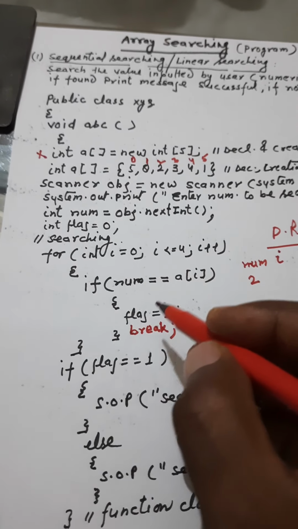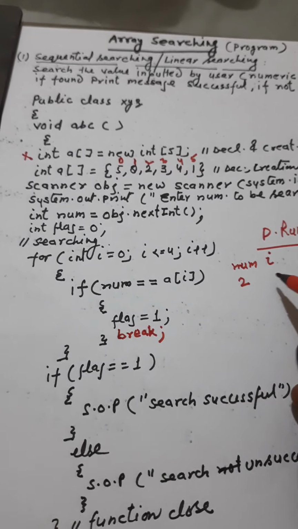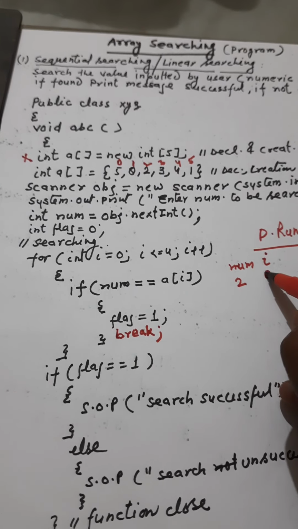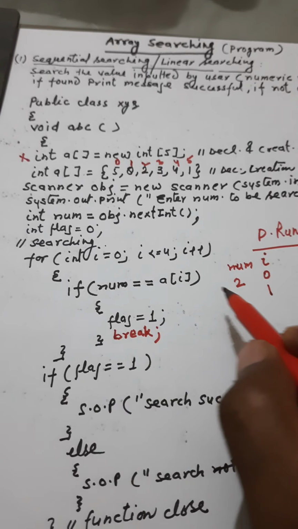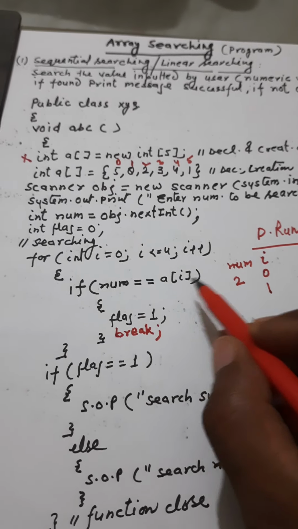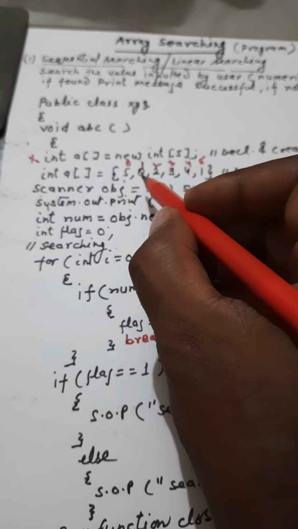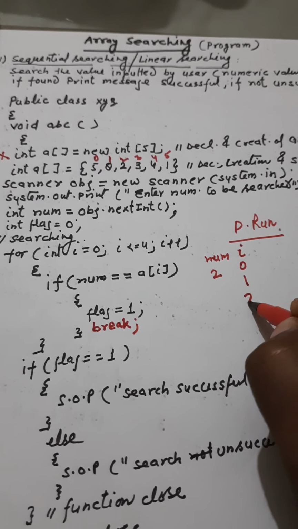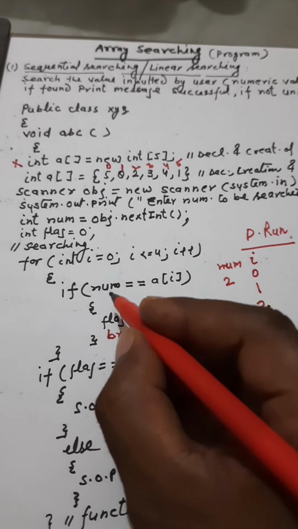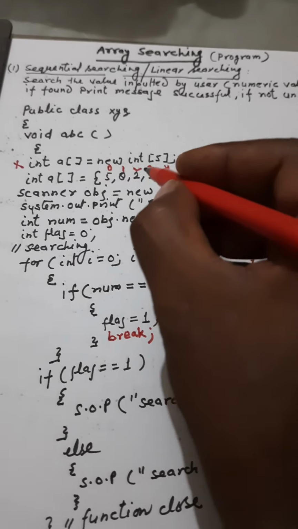No. Right? Then next value, i was first 0, now i will become 1. num means 2 is equal to a1. a1 means 2 is equal to 8? No. Right? Then i is equal to 2. num means 2. 2 is equal to a2?